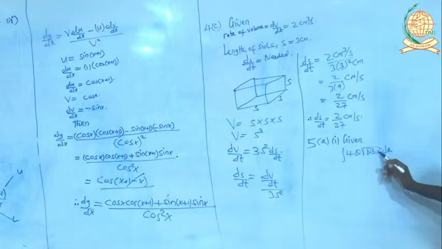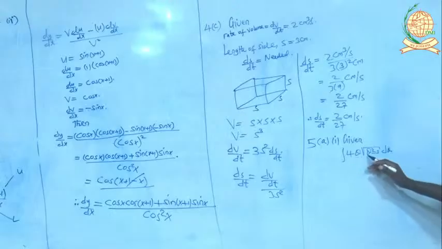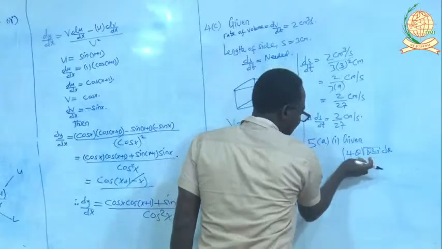Now here outside of the radical sign we have theta. Inside we have theta squared. If you differentiate theta squared, you will get theta. So let's see this one. Here we have the function and its derivative.